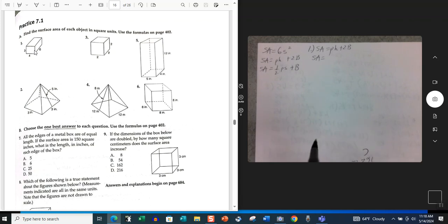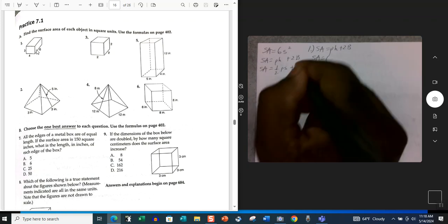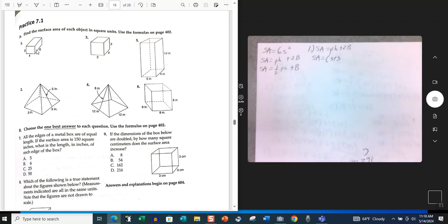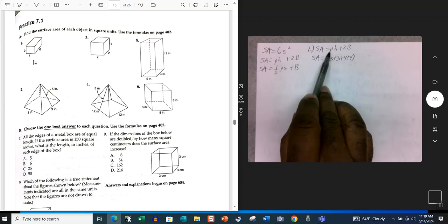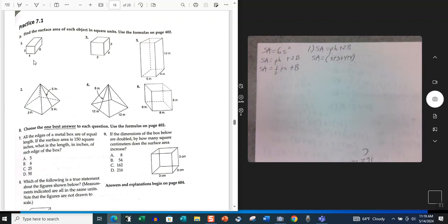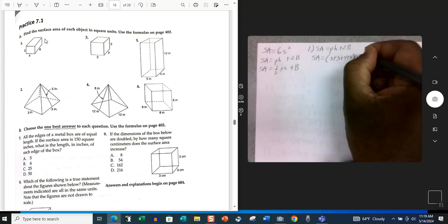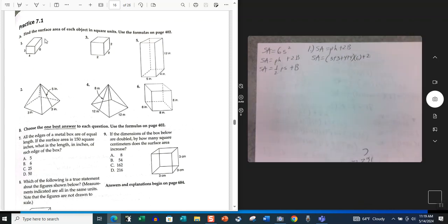So the perimeter would be 2 sides of 3, so 3 plus 3, and then 2 sides of 4, so 4 plus 4. That takes care of the P portion. Now we look at the height. The height is 6, so that would be times 6 plus 2 times.